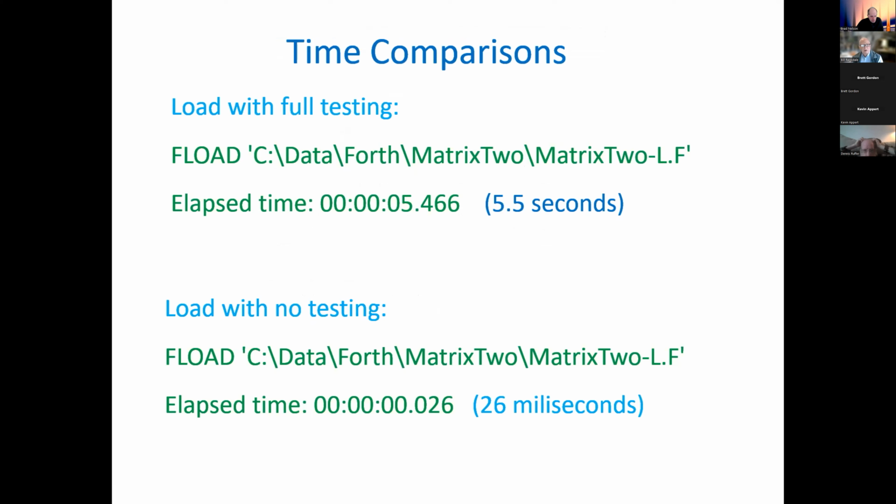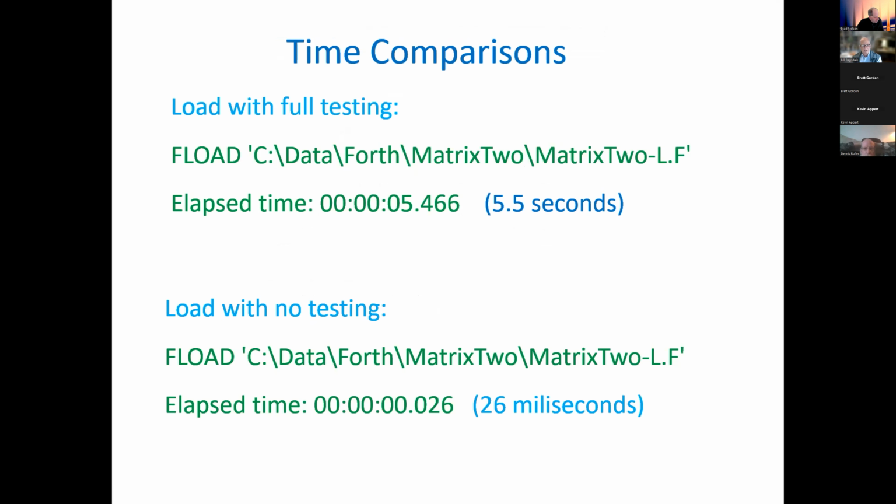As some comparisons, if we did the full testing, as I showed a moment ago, it adds 5.5 seconds. So when we recompile the system, we have a time penalty of 5.5 seconds to do full testing. Compare this with other languages, by the way. They're lucky if you get a compile time of 5 seconds, and here we get a complete compile and all testing in 5 seconds.